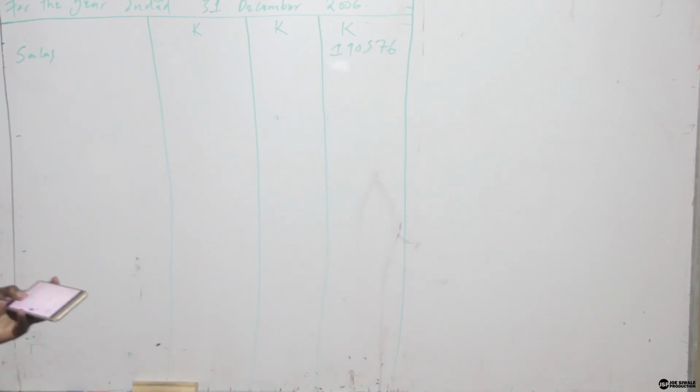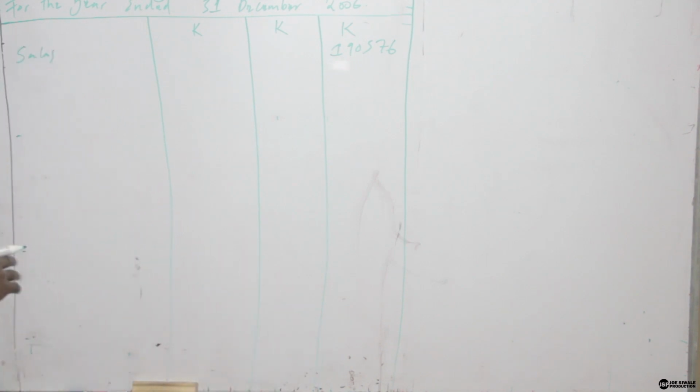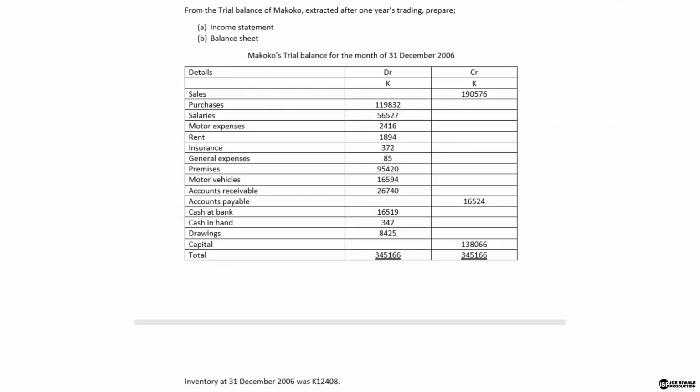And the next thing that we're supposed to record, since we don't have returns inwards, is opening stock. So in the question, as you can see, we don't have opening stock. That means that we're going to record purchases. So we're going to say purchases. And before we record purchases, we also have to see in the question if we have returns outwards or purchases returns.